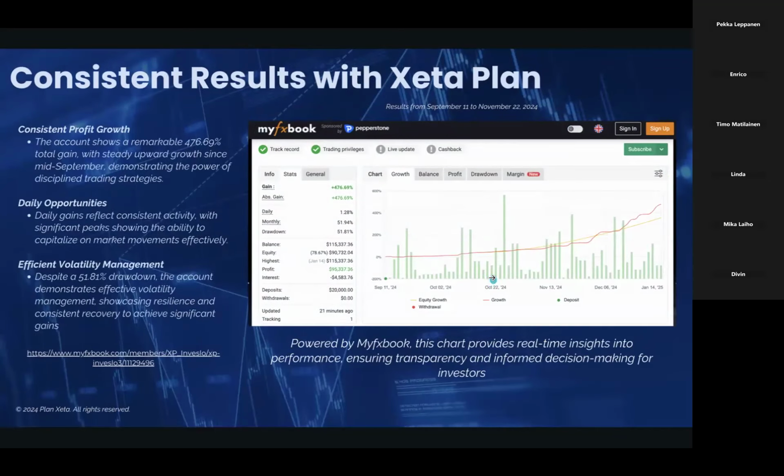And guys, we've shown you the results of Shapton, the consistent results we've obtained. And we've shown you this account. We started using the system since September 11th of last year. And as of today, it is 476% up in profit.